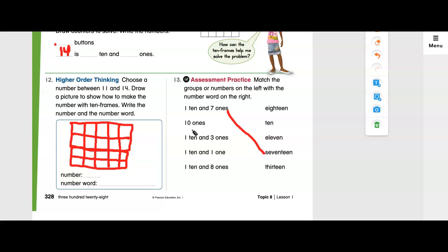The next blank says 10 ones. Which number word represents 10 ones? 18, 10, 11, 13. Draw a line to match this description 10 ones to a word in the right column.